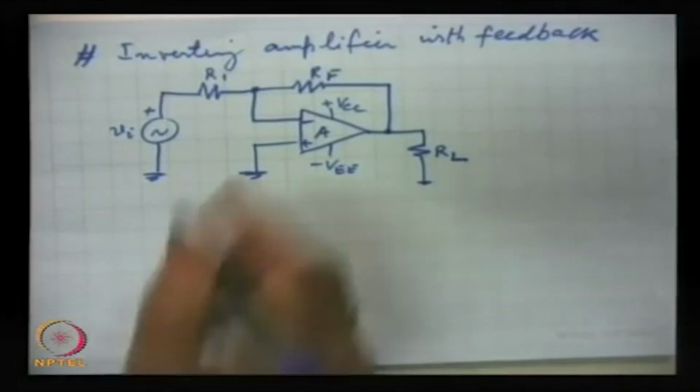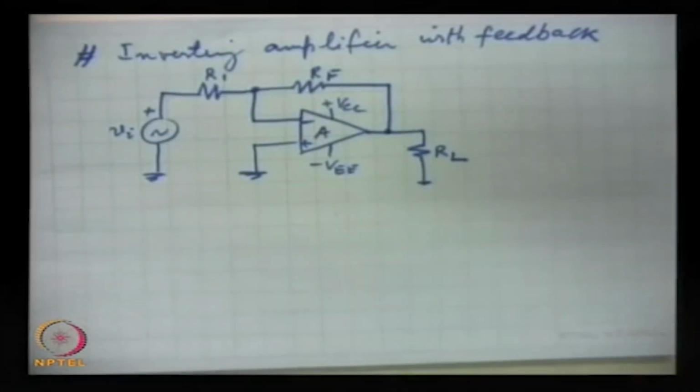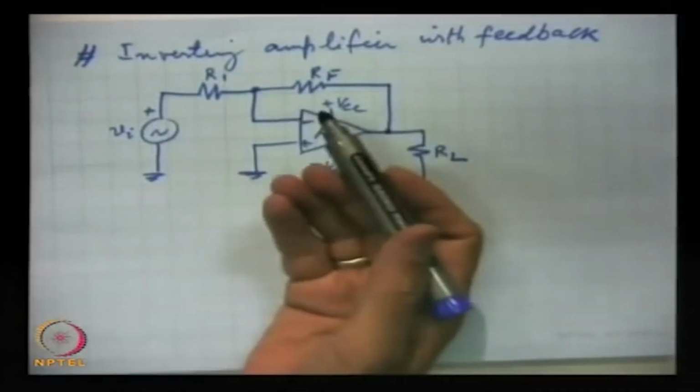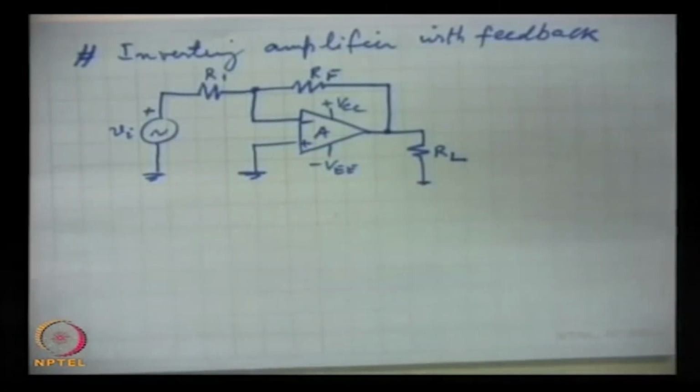We just connect two resistances, RF and R1. These two resistances externally connected make an inverting amplifier. And now we investigate the important properties of this circuit.